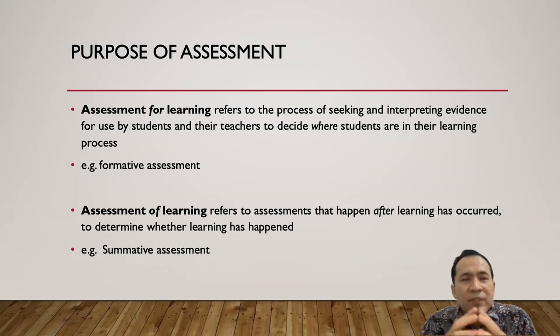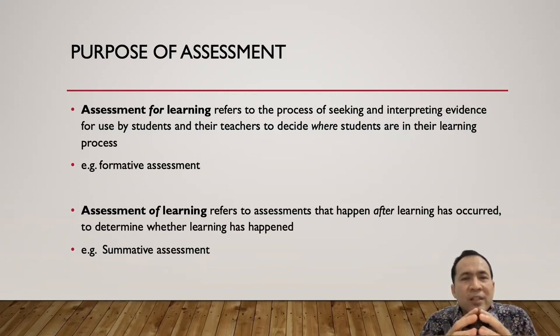Yeah, you see the difference. The first one is in the middle of the process, you need to see where your students are in the learning. It means that in the learning process, you have to see the progress of your students. Okay, this is assessment for learning.